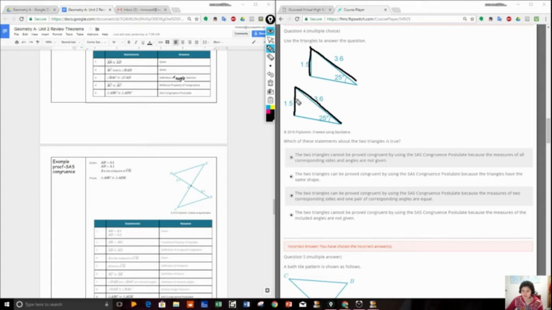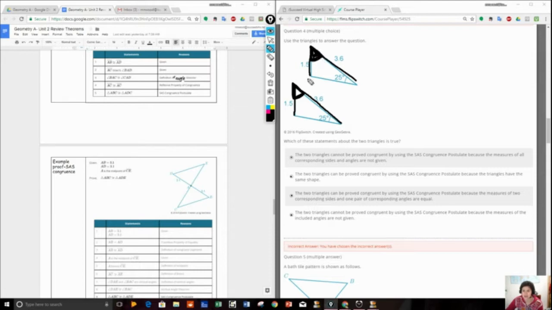So if I drew from 1.5 to 3.6, the side that's measured 1.5 and the side that's measured 3.6, this angle right here is the angle that has to be marked to be congruent. And so if I compare it to the angle, if I drew from the side that measured 1.5 to the side that measured 3.6, our corresponding sides, this included angle right here is not given a measure.